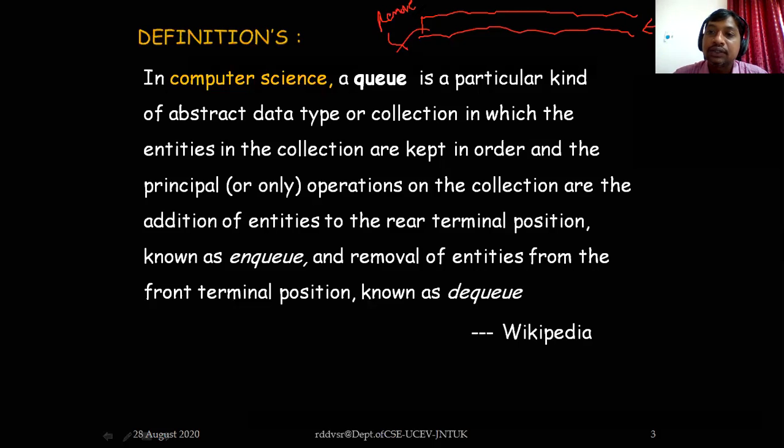These are the only two possible operations that we can perform on queues: insertions and deletions. Insertions must be performed at one end, and deletions must be performed from the other end. So you cannot perform insertions and deletions from the same end, as we did in the stack case. In a stack, both operations, insertions and deletions, are performed from the same end.